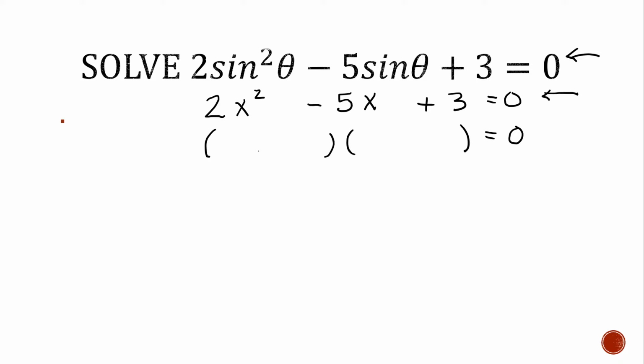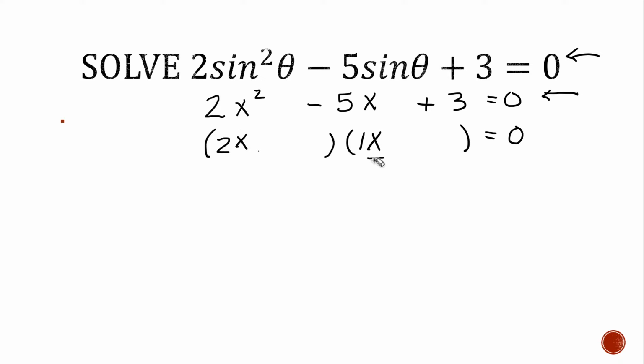Okay, so just a quick review on how this works. So whatever goes here and here would need to multiply together to give me 2x squared. So that part is fairly easy because the only way to make 2 is 1 times 2. And the only way to make x squared is x and x.